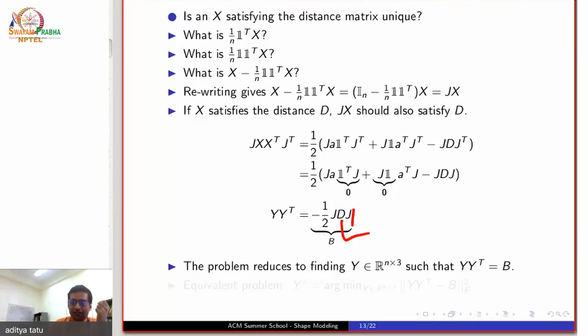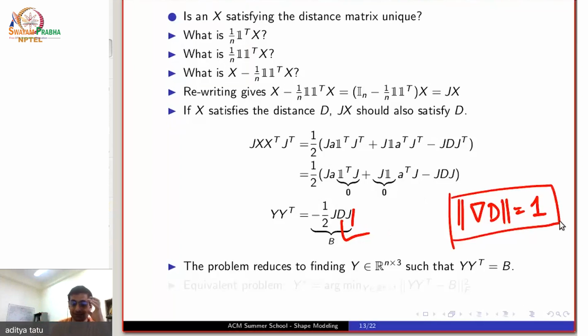In fact, I think if you have attended Professor Ojaswa's class, you would have seen this equation. Does anybody recollect the name of this equation? It's the so-called eikonal equation. What does this say?